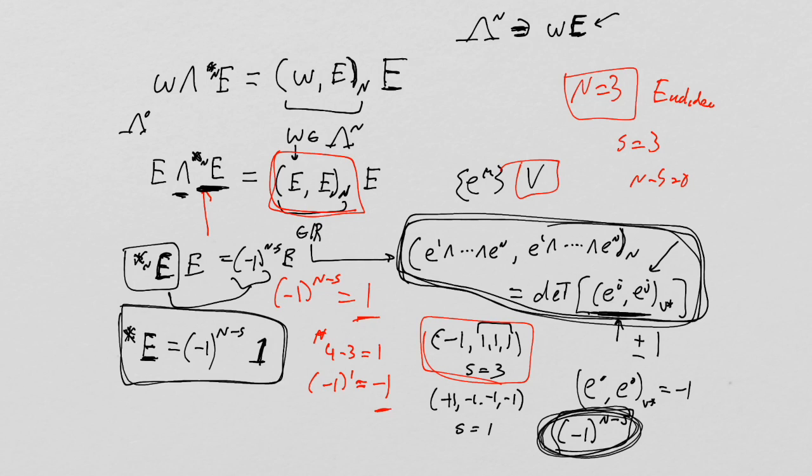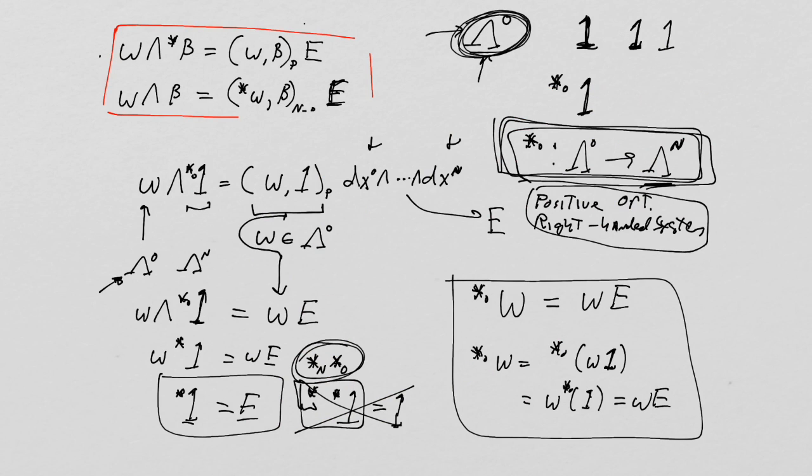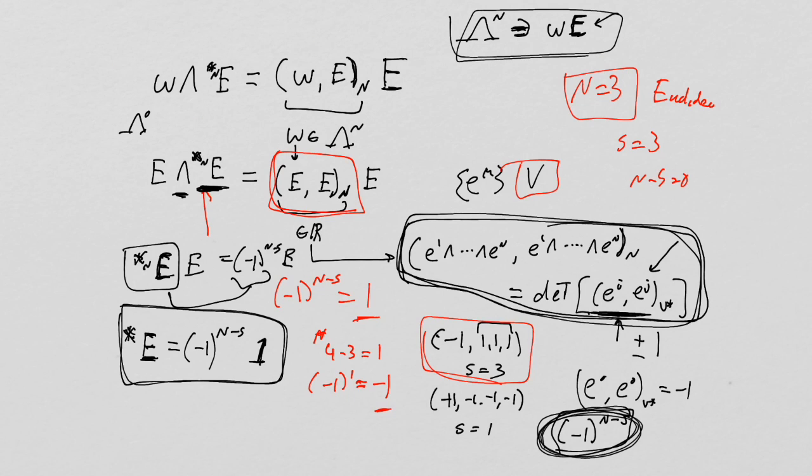So now we've solved two cases. We found the Hodge dual of everything in the 0 exterior power and the nth exterior power. The reason is because if I have something in the nth exterior power, omega, the Hodge dual of omega is the Hodge dual of omega times E, where omega is a real number, the component, so I guess here I need the boldface form.